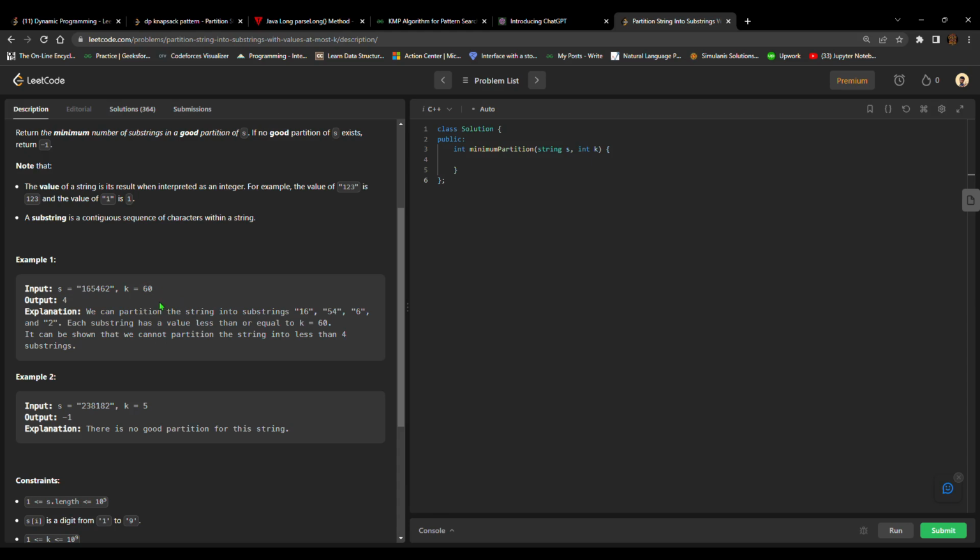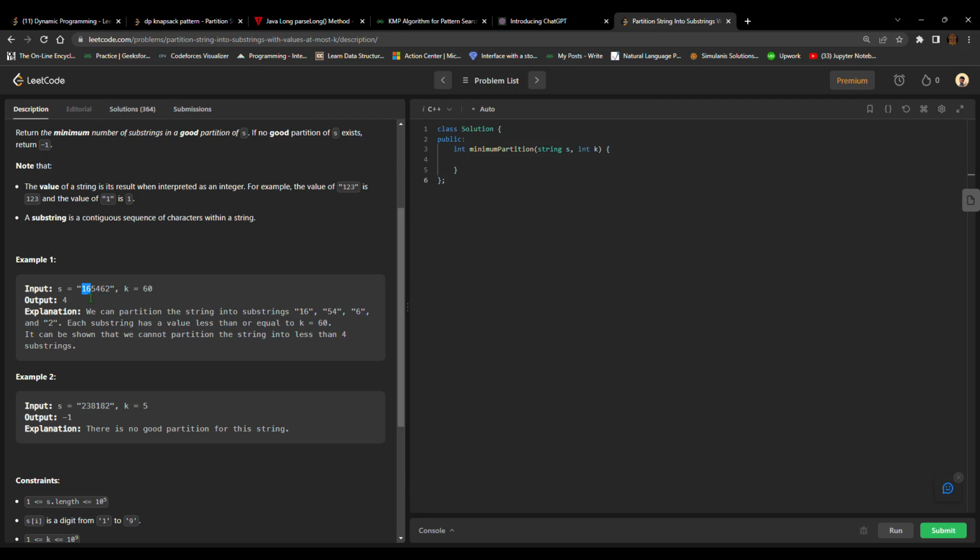We need to partition our string in such a way that the partitions should be minimum, and the strings that we are breaking down, like here we can make 1 and 6 together to form 16, and that is less than 60.